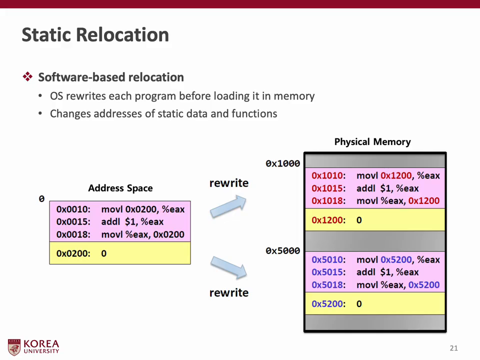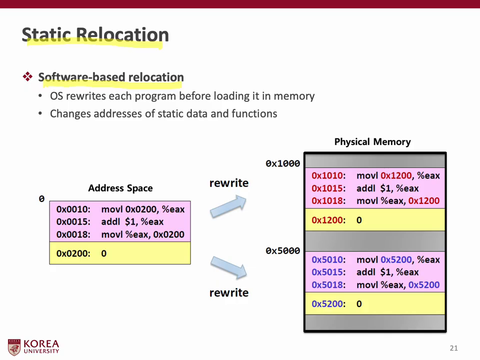Okay, now let's see how the operating system can actually relocate the process in memory. One simple way is software-based relocation, which is also called static relocation. In this approach, the OS rewrites the program before loading it into memory.